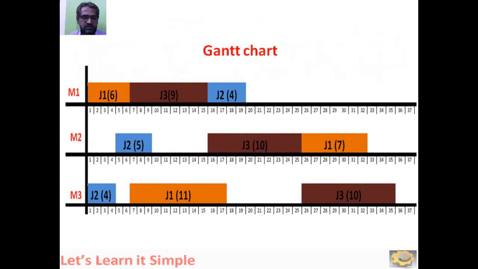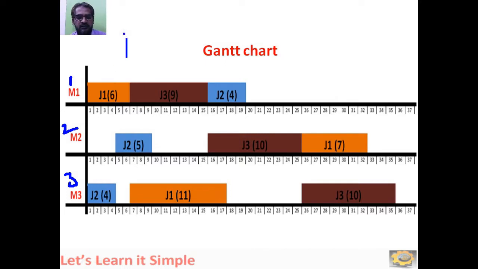So this is the Gantt chart we got at the end of the first problem. You have 3 machines 1, 2 and 3 with 3 jobs numbered J1, J2, J3. So this is the sequence. We need to process these 3 jobs on these 3 different machines.